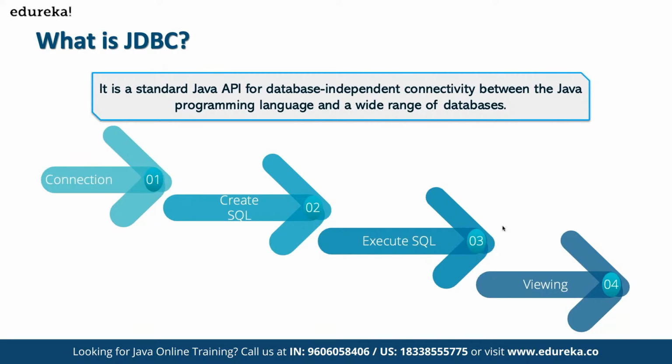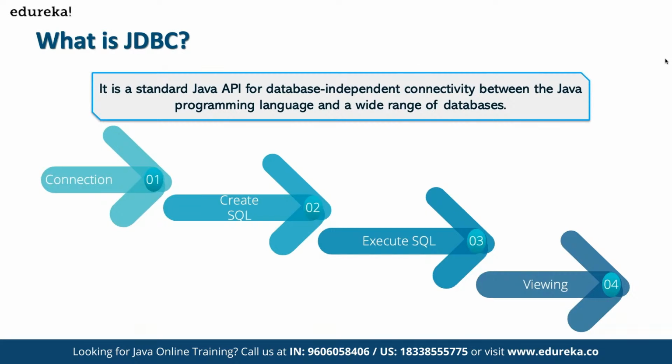We can use the JDBC API to access tabular data stored in any relational database. With the help of the JDBC API, we can save, update, delete, and fetch data from the databases. It is similar to Open Database Connectivity, or ODBC, provided by Microsoft. Here we mostly use two things: the JDBC API and the JDBC driver API.